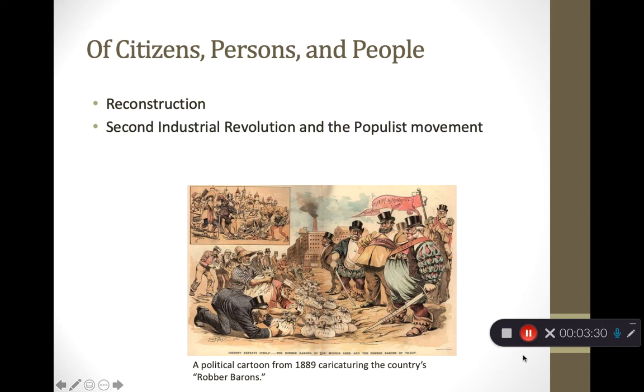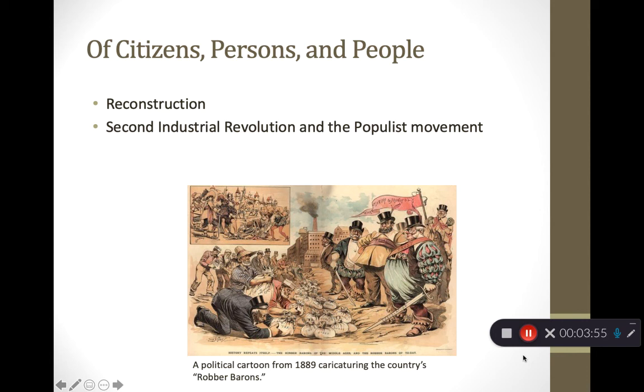The second part of this chapter deals with the ongoing industrialization of the United States, what's sometimes called the Second Industrial Revolution, in which you have electricity and steel and coal power that's driving and accelerating industrial development in the United States.